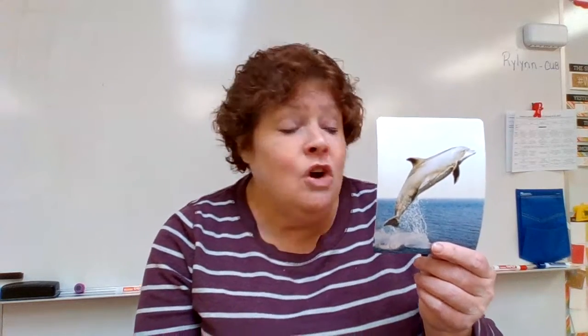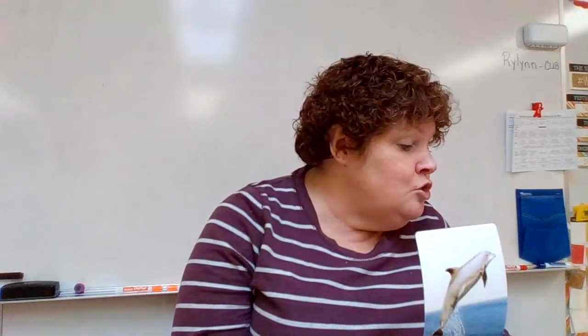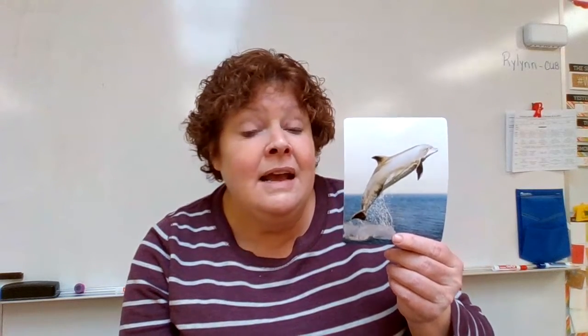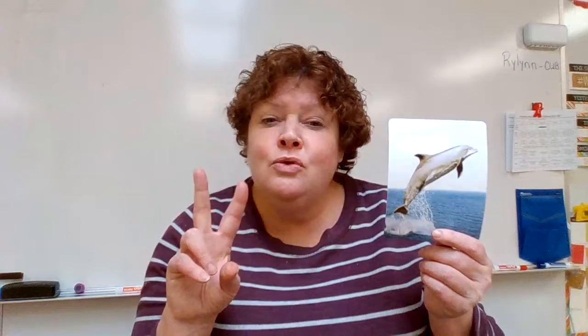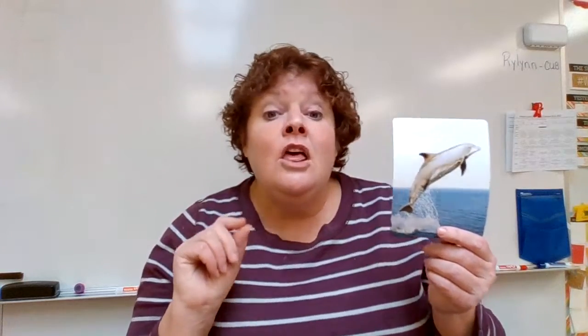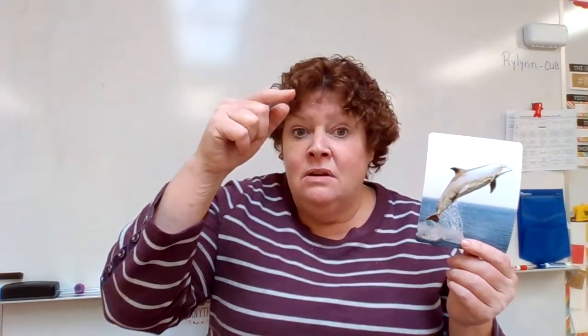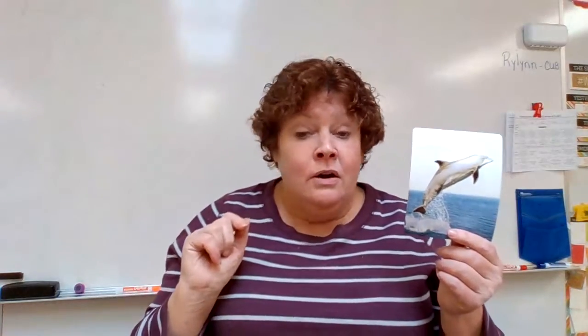Okay, that dolphin is jumping out of the water and it's swimming in the ocean. So I gave you two different sentences. The dolphin is jumping out of the water.